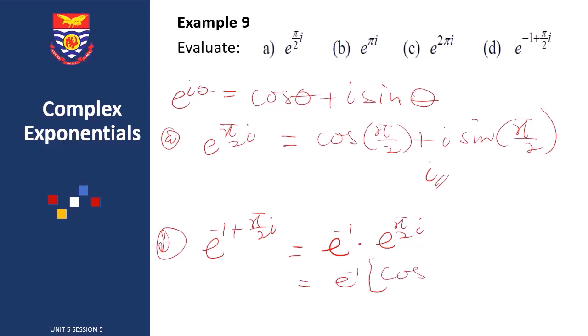Cos pi on 2 plus i sine pi on 2. So you simplify this further, what do you get? You get i. So you use the power negative 1 times i. And what do I get? You get i divided by e. Alright, so that's the answer for that.